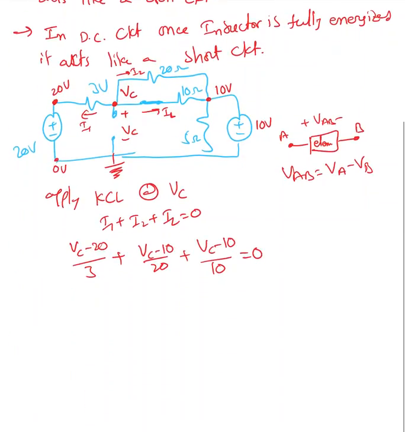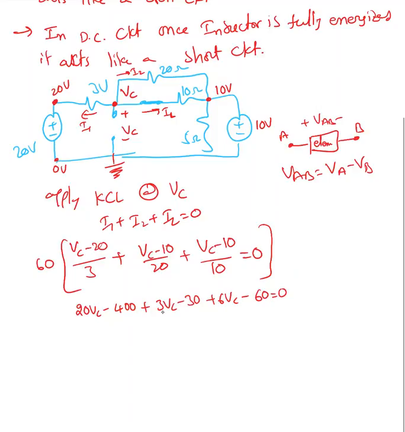To eliminate the denominator, I'm going to multiply by 60. 60 divided by 3 is 20, so 20 VC minus 20 times 20, that's 400. Then 60 divided by 20 is 3, so 3 VC minus 30, plus 6 VC minus 60, equals 0.